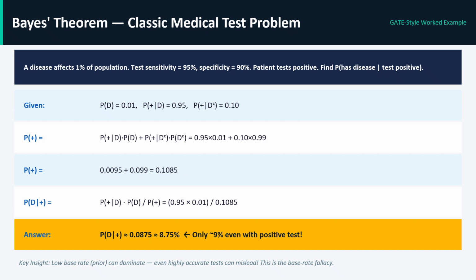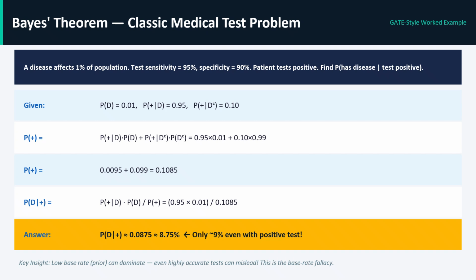Probability of a patient testing positive is equal to probability of a positive given disease existence into probability of disease, plus probability of a positive given disease complement, that is no disease there, into probability of a person not being impacted by the disease, equal to 0.95 into 0.01 plus 0.10 into 0.99.